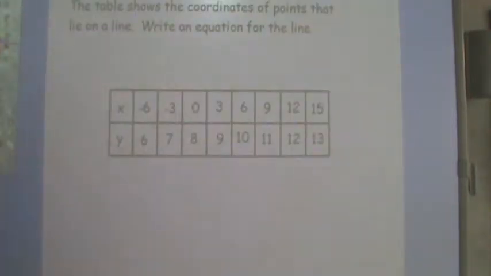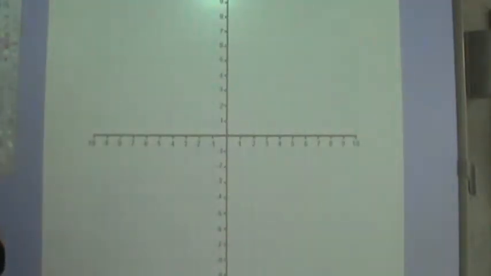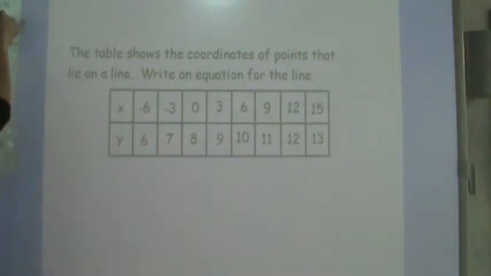Okay. It says this table shows the coordinates of points that lie in a line. Write an equation for the line. You could do this a couple ways. One could be, if you had a piece of graph paper, we could just graph these points. Negative 6, 6.